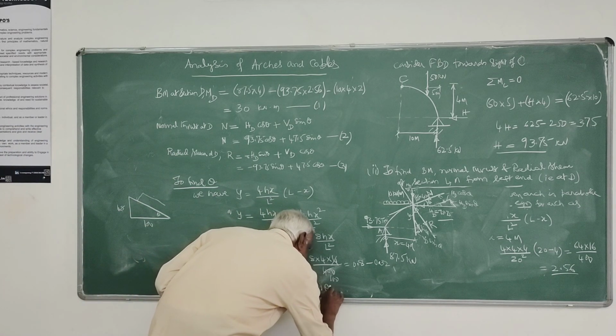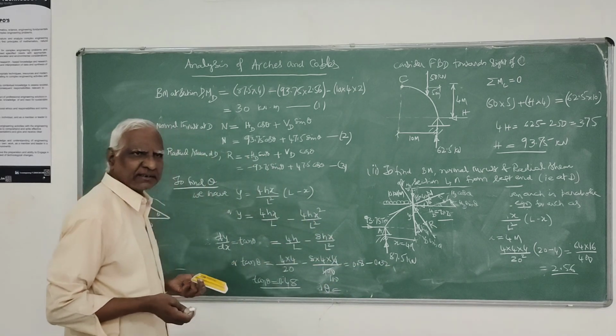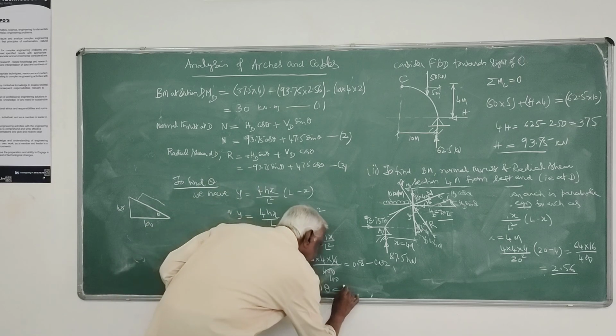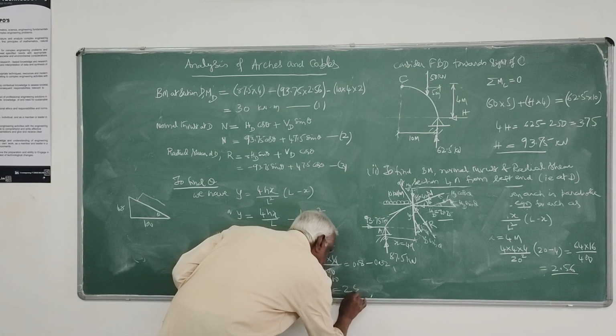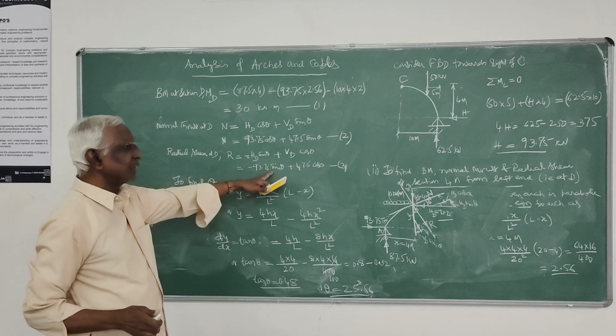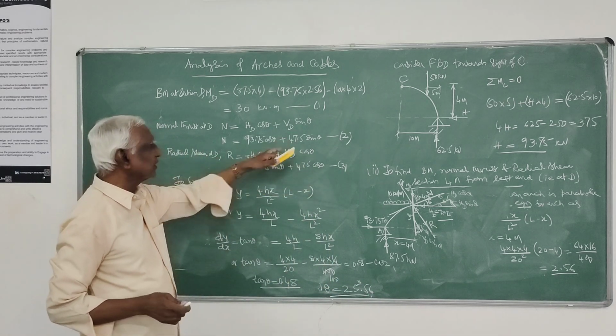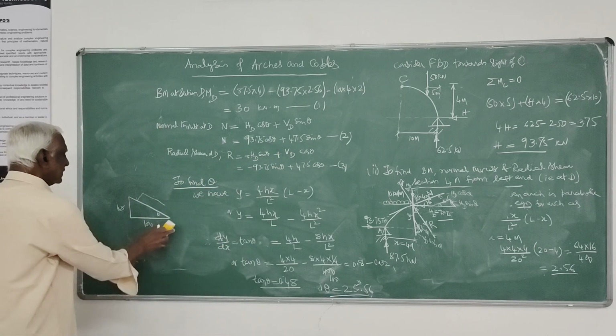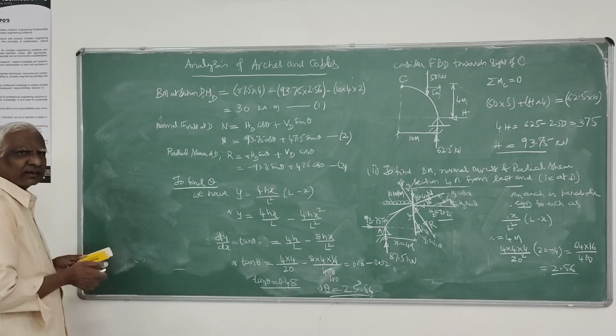Therefore, since you have determined theta, you can tell me what is that value. Theta is 25.56 degrees. So you can find sin theta, cos theta, substitute in this, and you will get the normal thrust and radial shear.